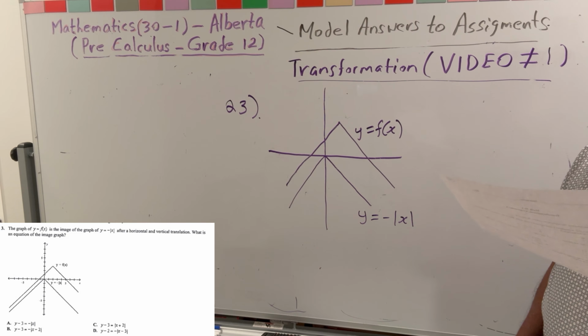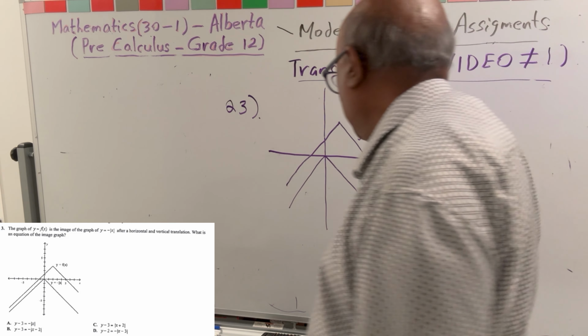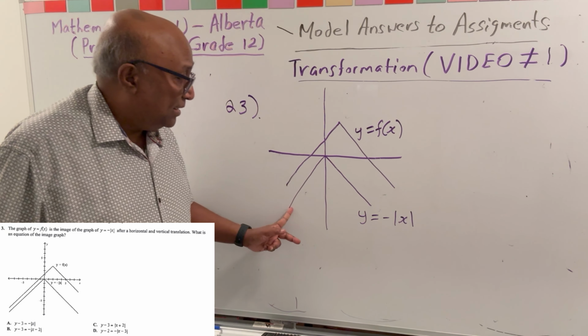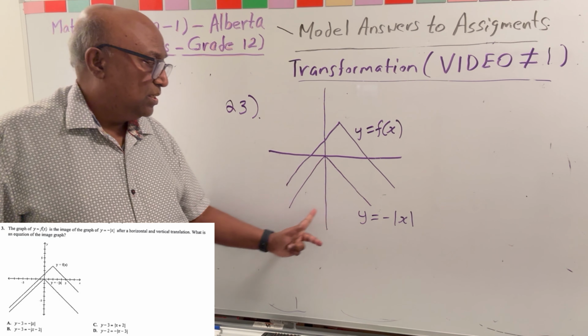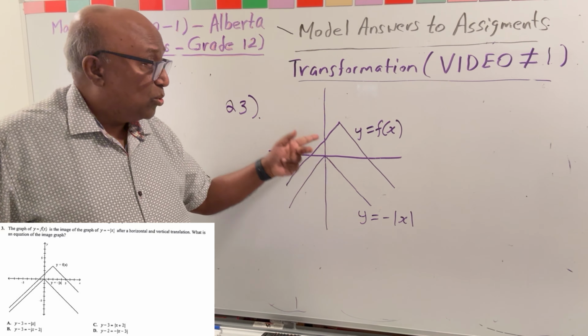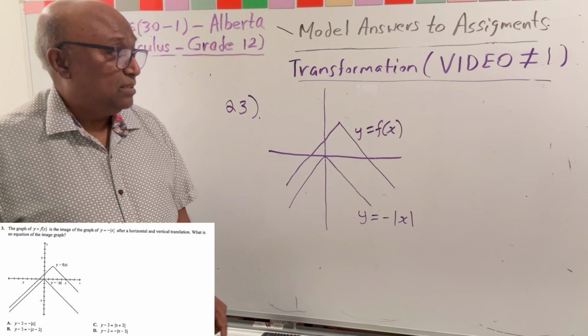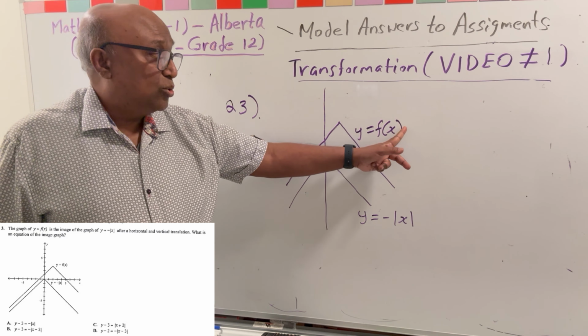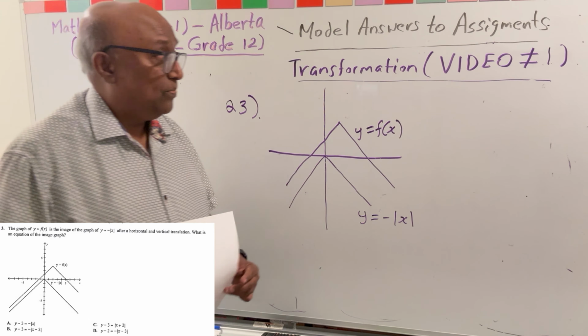What's the equation of the image graph? Okay, that means this is the original graph. This original graph is subjected to both horizontal and vertical translation. We have been asked to find the equation of the image graph.